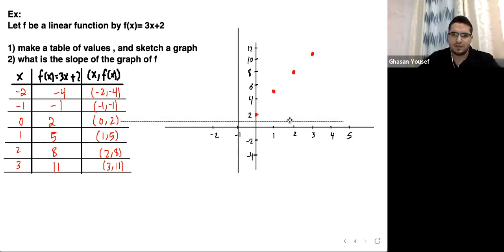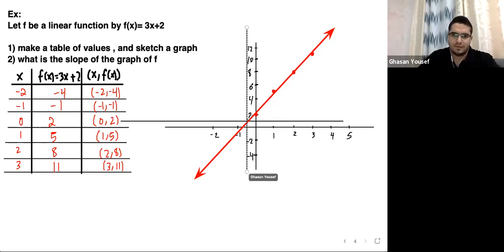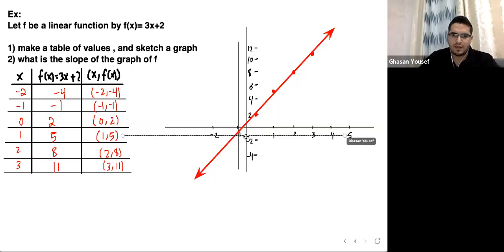Actually, -1 and -1 is not here, it's down, between the 0 and -2.